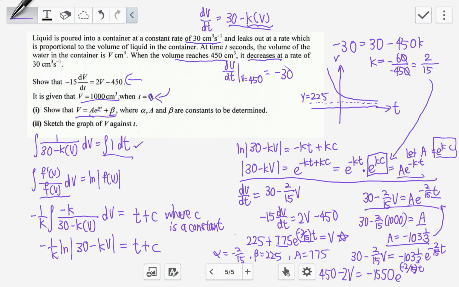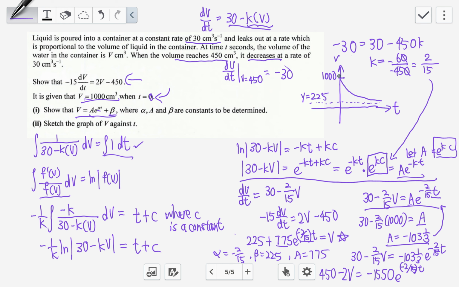You don't have to plot the graph below t negative, because it doesn't make sense for t to be negative since it's time. When t equals 0, it's just 775 plus 225, which is 1000, which agrees with what we have here. And over time it decreases.